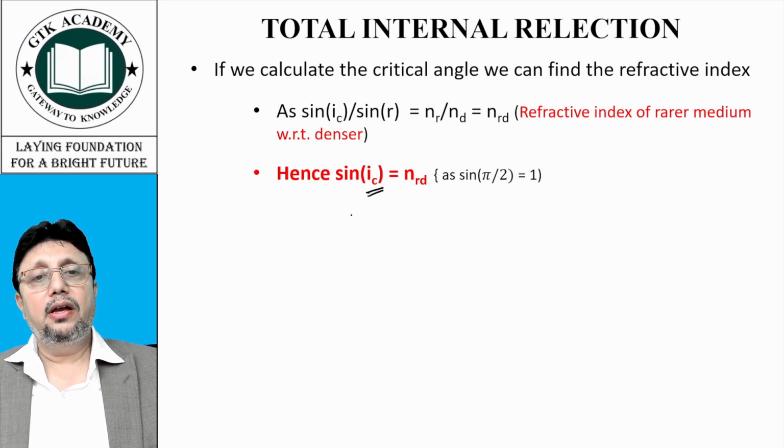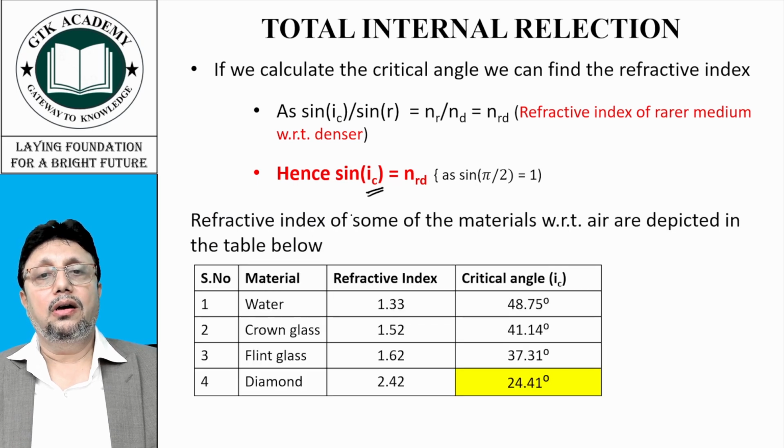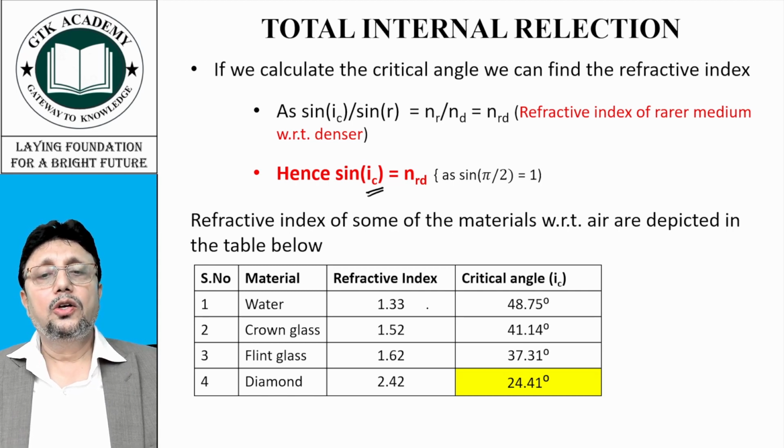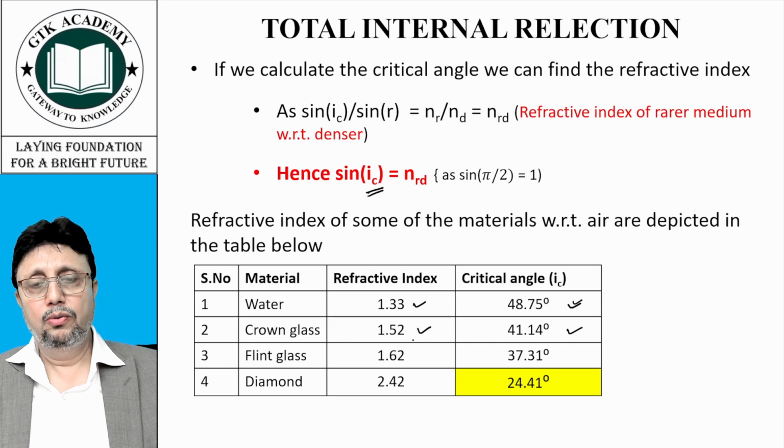So here we are showing the refractive indices of some materials which have been calculated like that. You can see that the critical angle in case of water is 48.75 degree, crown glass like this, and these are the refractive indices 1.33, 1.52.